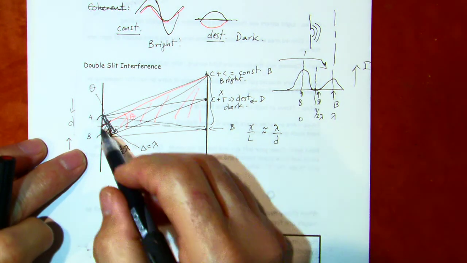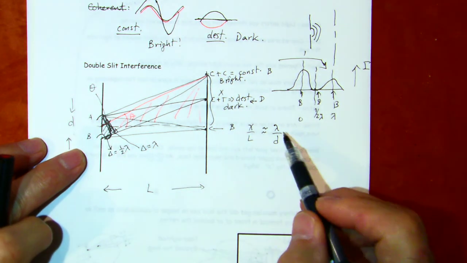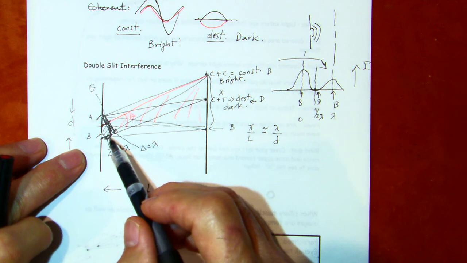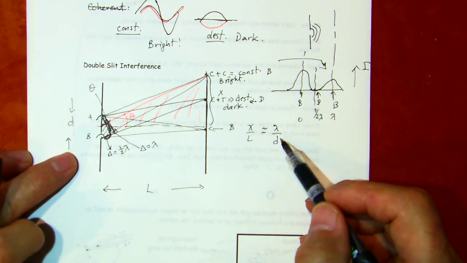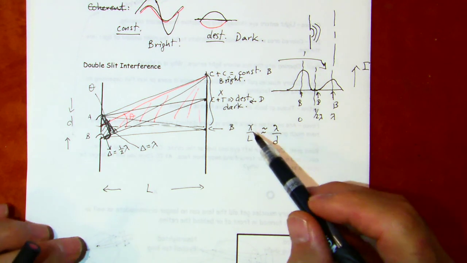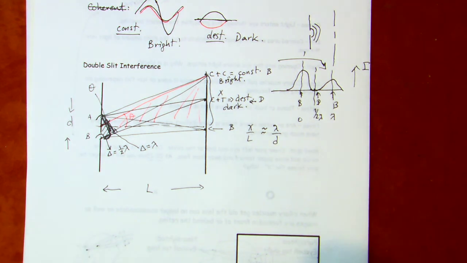So d is the separation between the slits. The path difference we're just going to call one wavelength for now. That is opposite over hypotenuse, so that's the sine of that angle. But for small angles, it's also approximately equal to theta. So x over L, that ratio, is approximately equal to lambda over d.